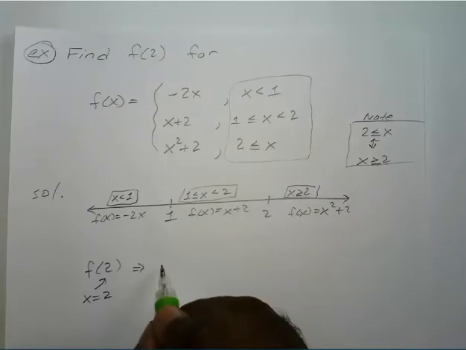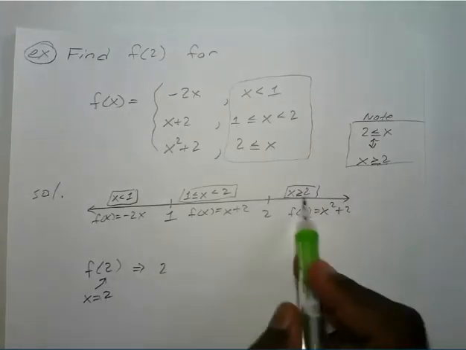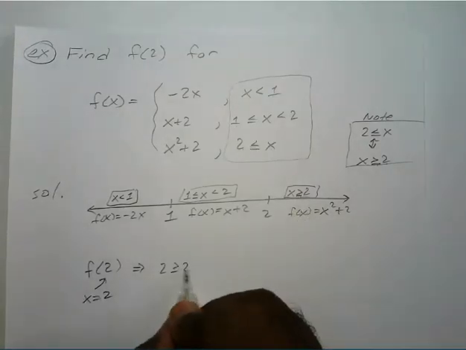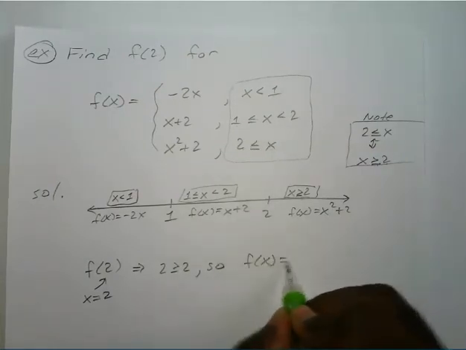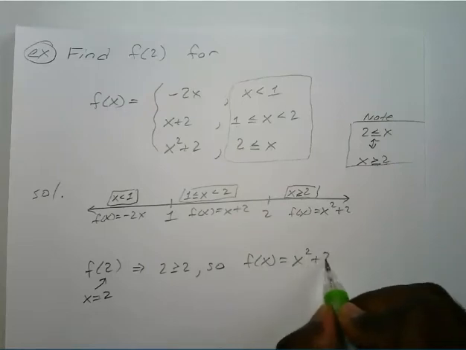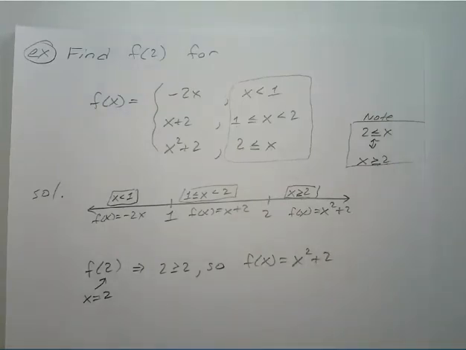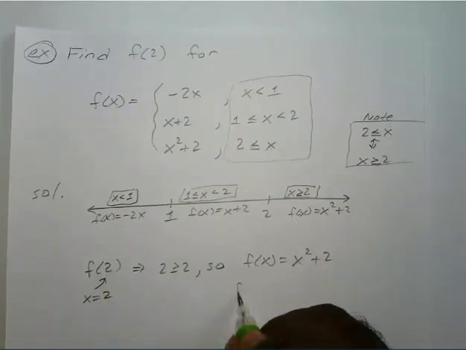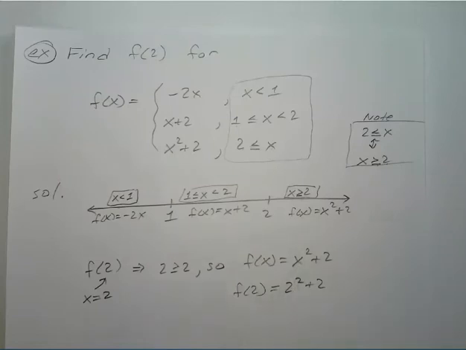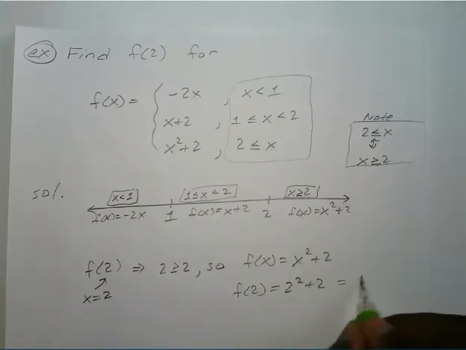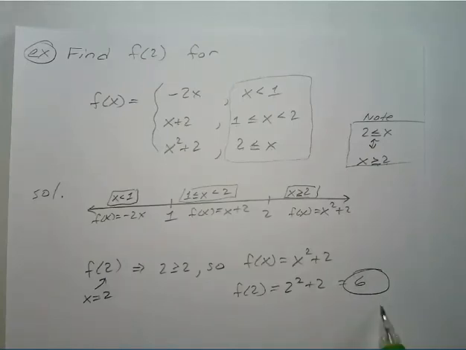We see that our x equals 2 is greater than or equal to 2. So that means your f of x is equal to x squared plus 2. So if we want to find our f of 2, that's going to equal 2 squared plus 2. We just replace the x with the 2. So we have 4 plus 2, which is 6. Okay, so that gives us our answer.